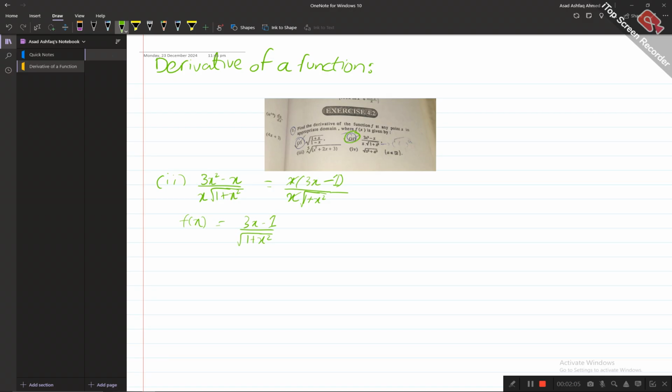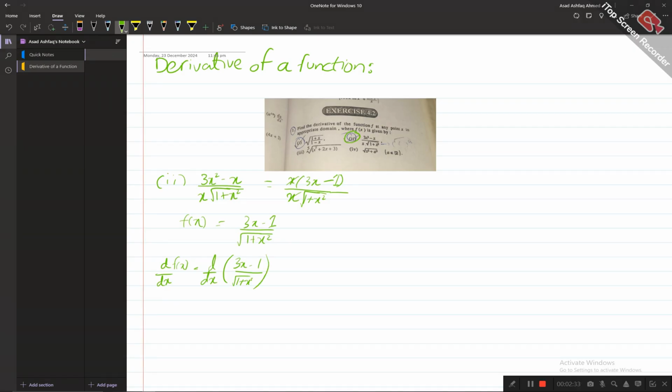Now we have to take the derivative. So we apply d upon dx, because we have to differentiate with respect to x, into f of x, which equals d upon dx of (3x minus 1) divided by square root of 1 plus x square.